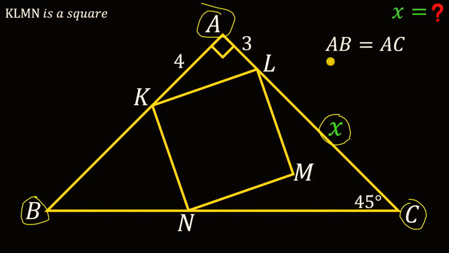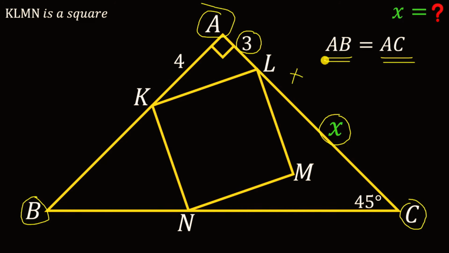So, if we get the length of this side AB, and we equate this to side AC, because side AC must be equal to 3, just 3, plus the value of X. That is the measure of side AC. If we found the value of AB, then we're done.